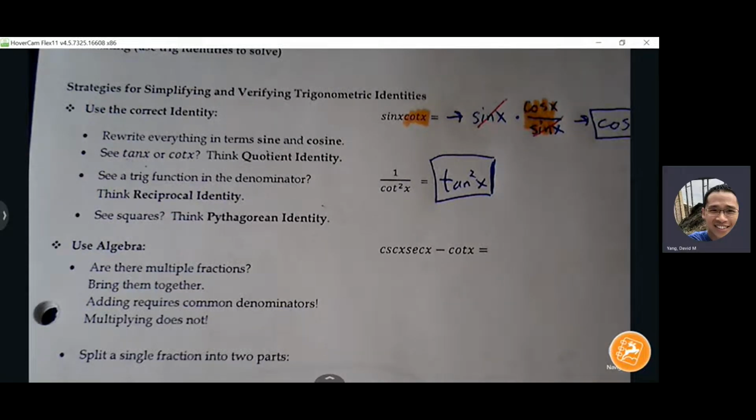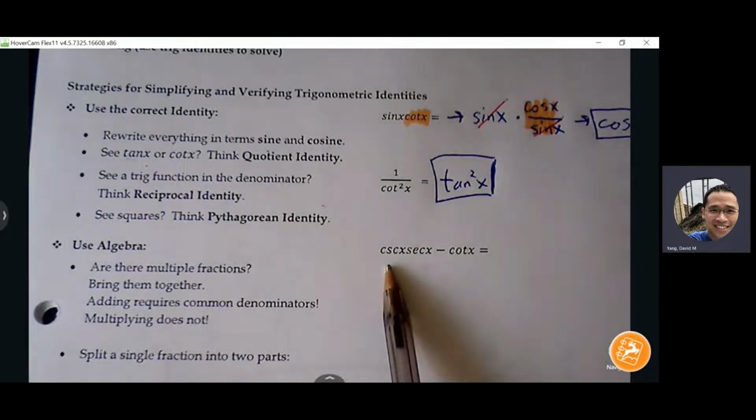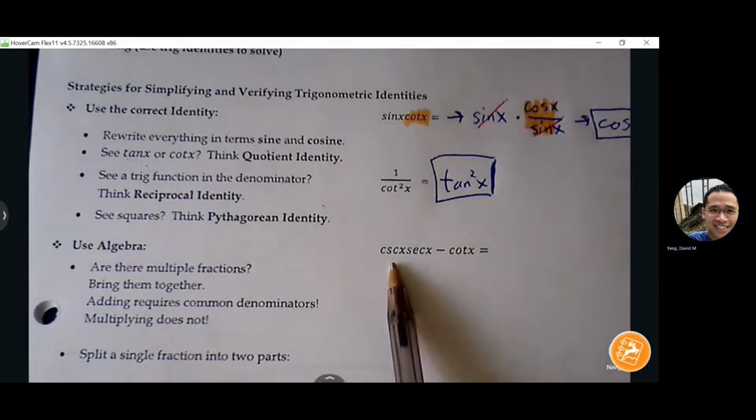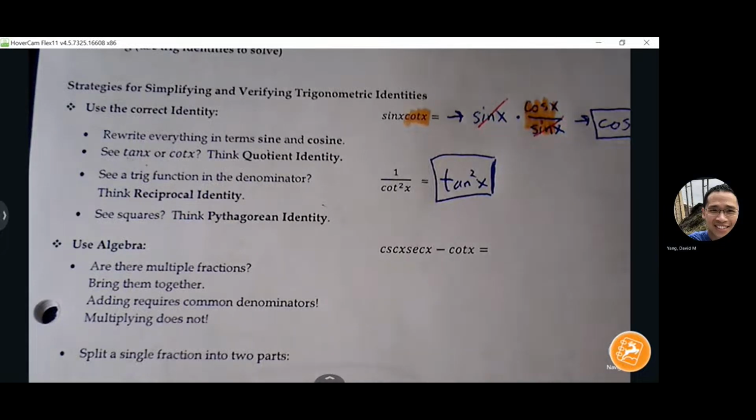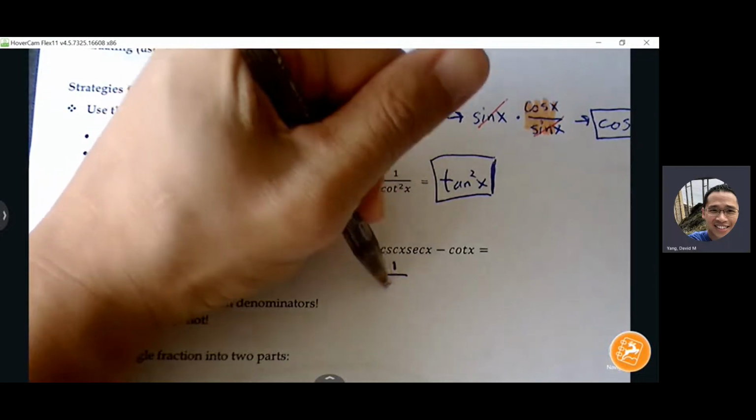It's hard to see the relationship, but one thing I can do is make them more similar to each other, right? So what if I get everything in terms of sine and cosine, then I have an easier time merging and putting together. So what can I do with that cosecant? Cosecant is the same thing as what? 1 over sine, okay.